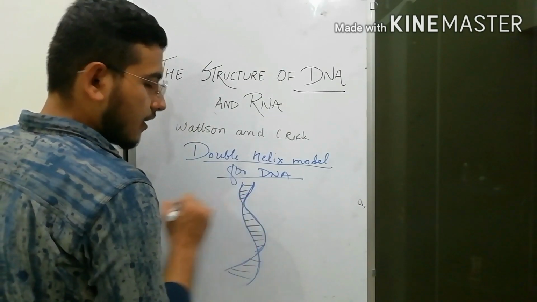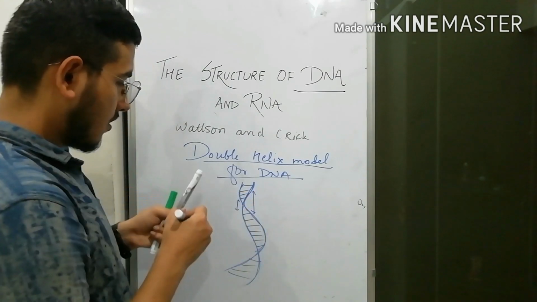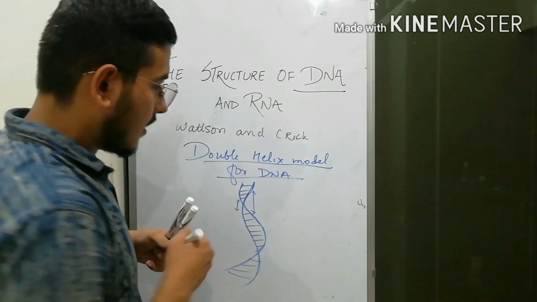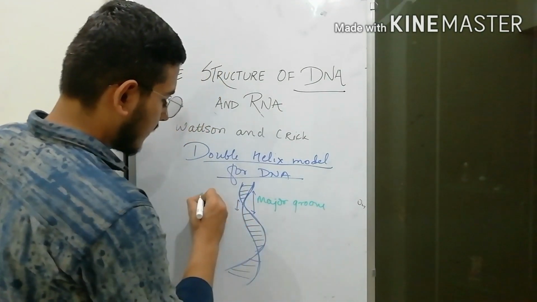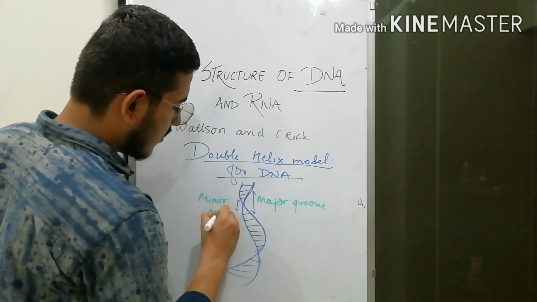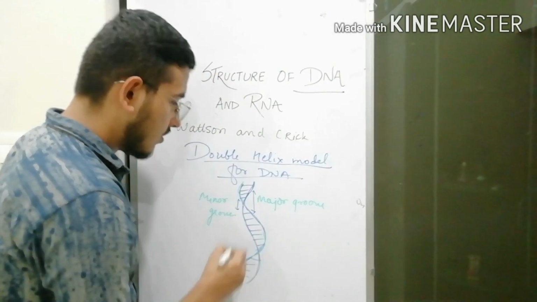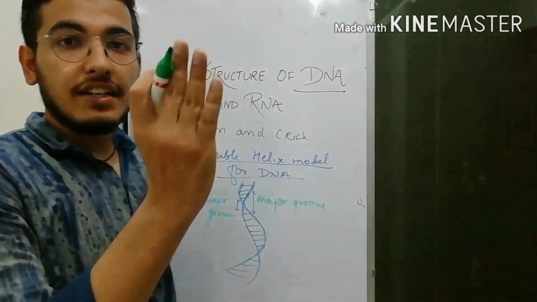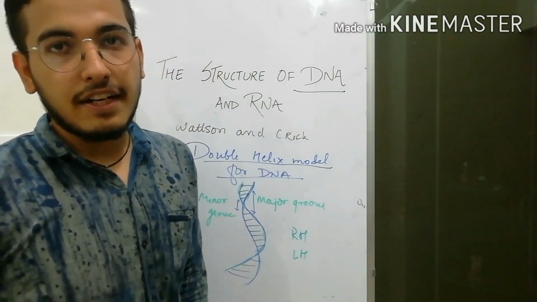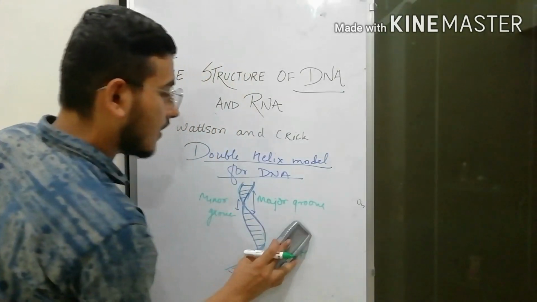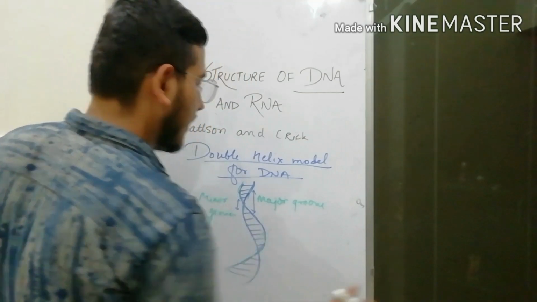In the DNA double helix, there is a major groove and this is the minor groove. This is one chain and this is another chain which take turns. Either it could be a right-handed or a left-handed turn. We'll see in the different forms of DNA which are right-handed and which are left-handed.